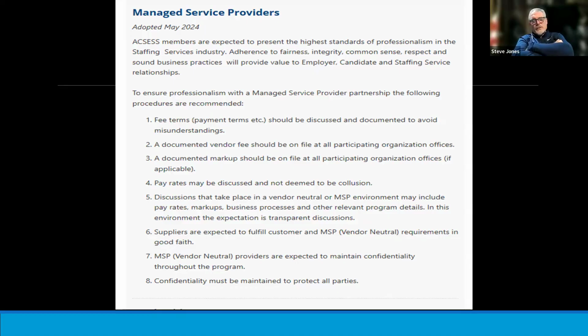Suppliers are expected to fulfill customer and MSP vendor neutral requirements in good faith. So this means, for example, what would be an example? Master vendor doesn't distribute the open orders to the sub-suppliers until 11 o'clock at night, and then reports to the customer that the sub-suppliers all have a 1% fill rate when the master vendor has a 99% fill rate.